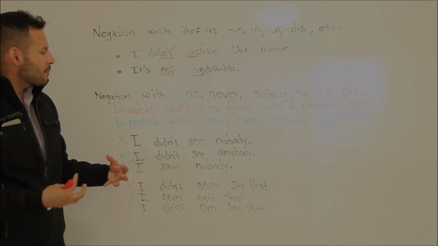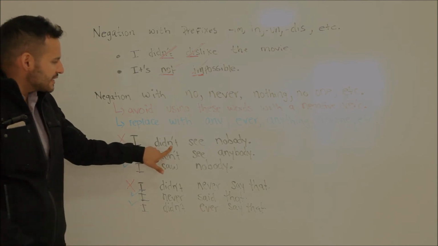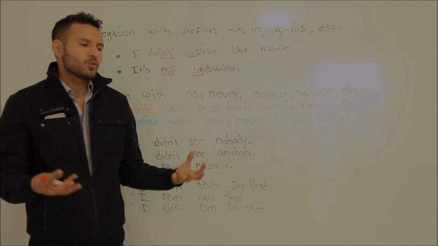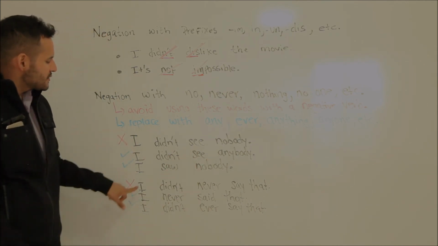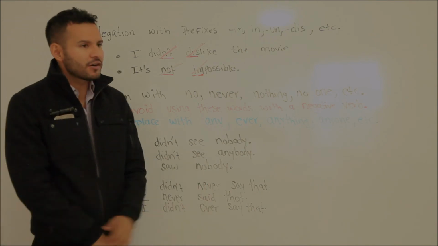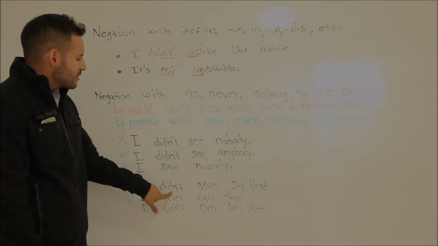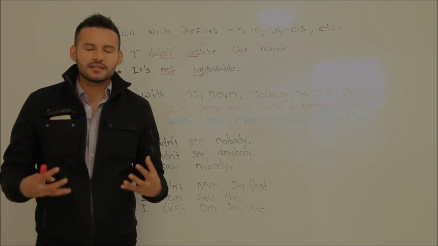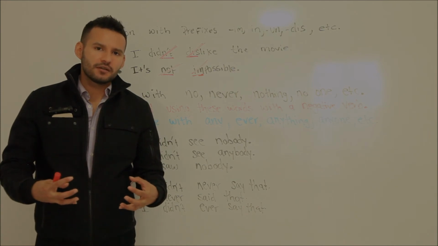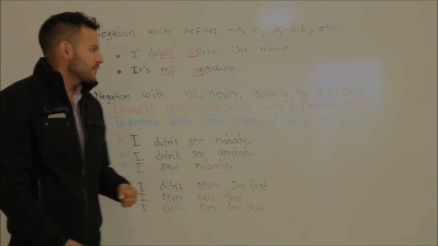So it's considered grammatically incorrect. Didn't is negative, nobody is negative. We can't do that. Similarly here, if I say I didn't never say that, the combination of didn't and never is not possible. So there are a couple of things that you can do to make the sentence correct.